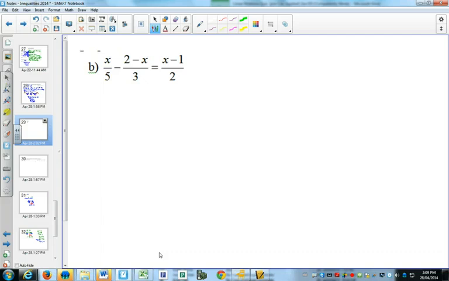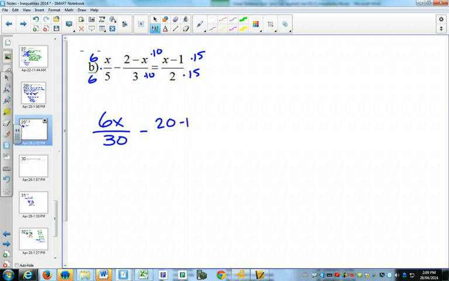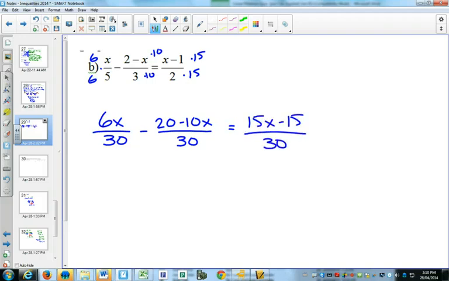We're going to need to multiply this first one by 6 on the top and 6 on the bottom, the second one by 10 on the top and 10 on the bottom, and the third one by 15 on the top and 15 on the bottom. So we're going to get 6x over 30 minus 20 minus 10x over 30 equals 15x minus 15 over 30.